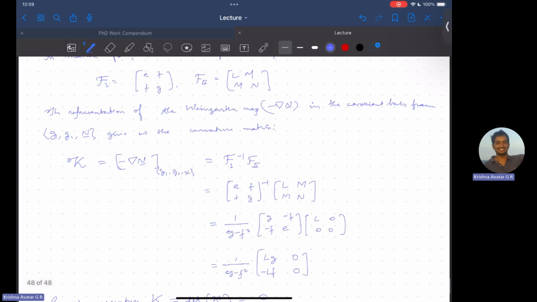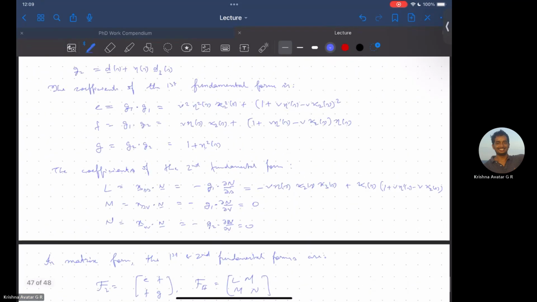So the expression for L is given as this long expression here.